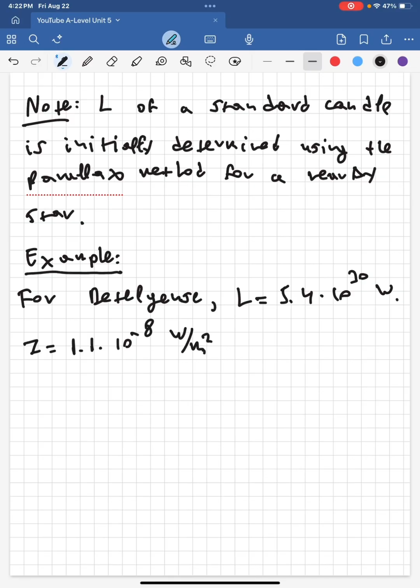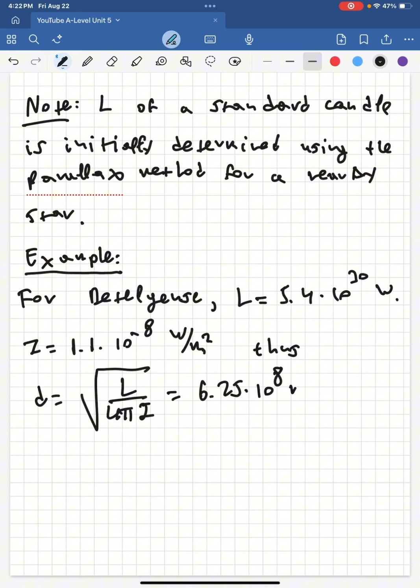That's tiny, actually. Thus, its distance from us is the square root of L over 4 pi times the intensity, which is 6.25 times 10 to the 8 meters, and expressed in light years, that's 660 light years. Okay?